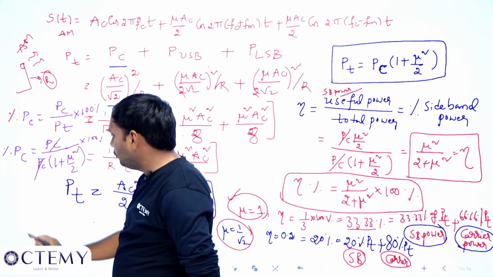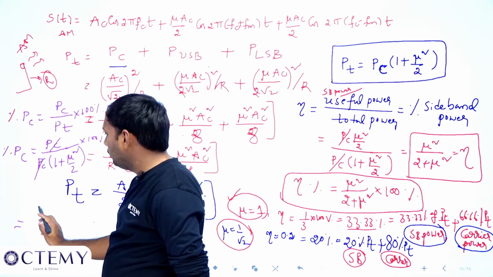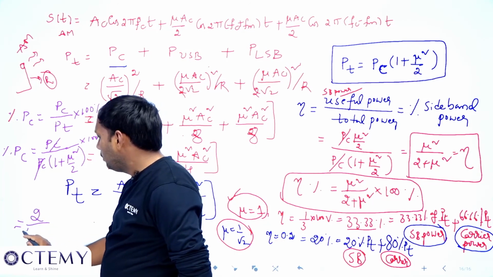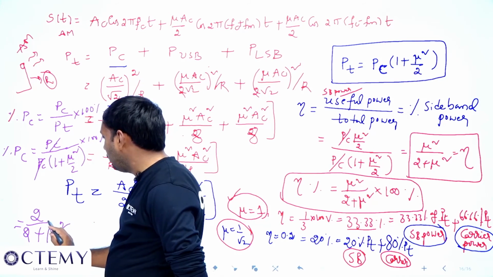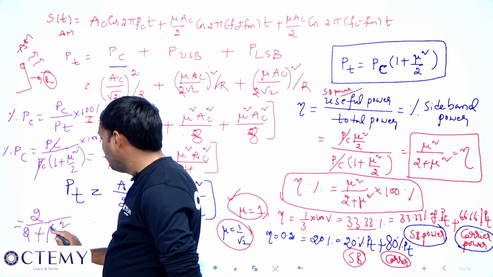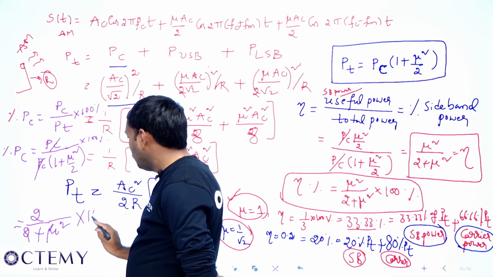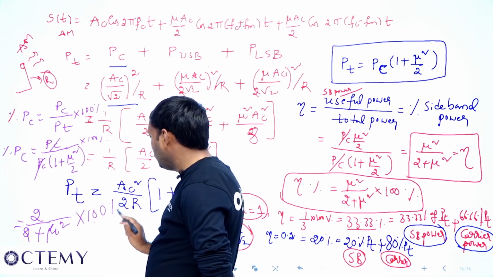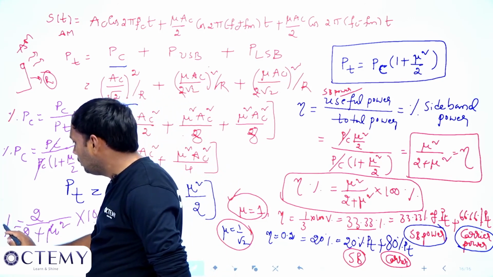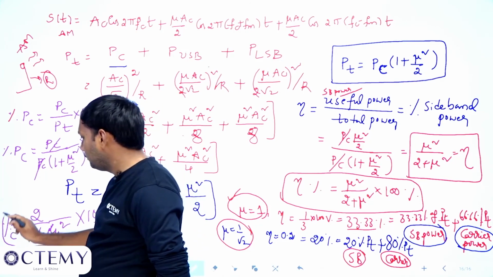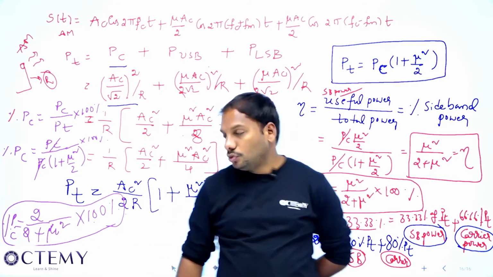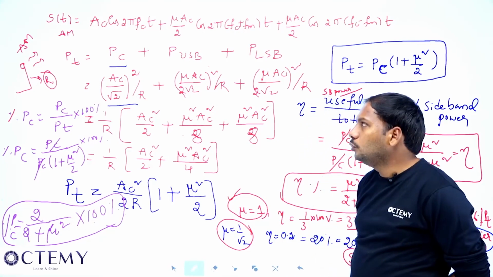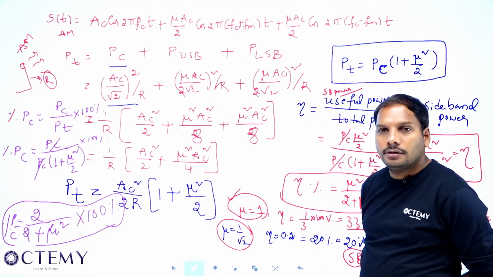You can cancel these two and finally you will end up with the expression 2 by (2 plus mu square) into 100%. This is the percentage of carrier power PC: 2 by (2 plus mu square) into 100%.